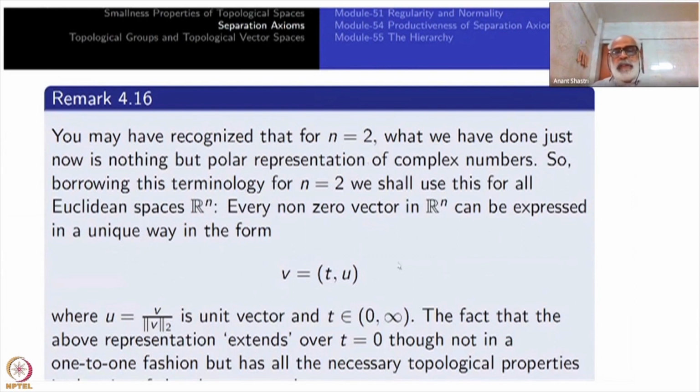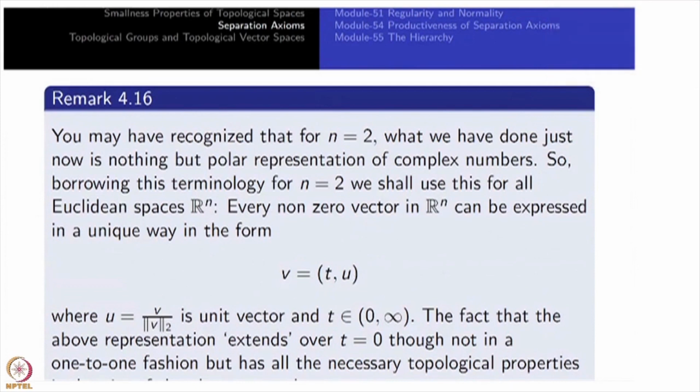Every non-zero vector is uniquely written as v equal to t comma u, where u is a unit vector. What is this u? This u is nothing but v by norm v. What is t? It is norm v. As soon as the vector v is 0, you have to take t equal to 0, but u could be anything. So that much of ambiguity is there in polar coordinates. But if you think of this as a cone, there is no ambiguity.